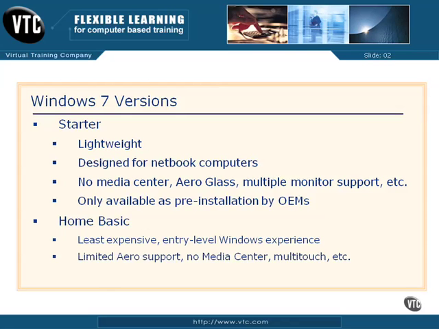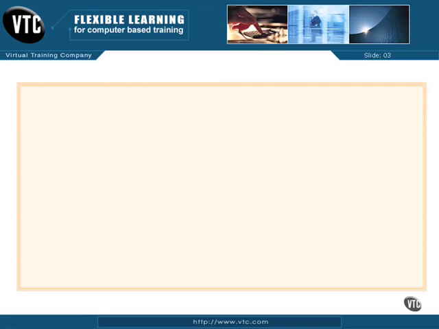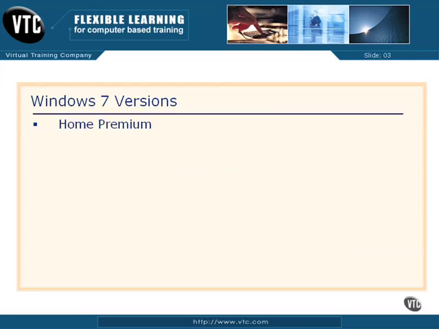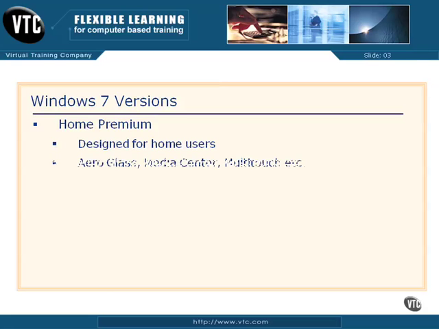You don't have multi-touch, and just so that you'll understand, multi-touch or the touch screen capabilities are built into Windows 7. So if you have a computer that has touchscreen support, it will work with Windows 7 and you can do some cool things. Now, Home Premium, this is designed for the home user. You get the full effects of the Aero glass effects, Media Center, multi-touch, and so forth.